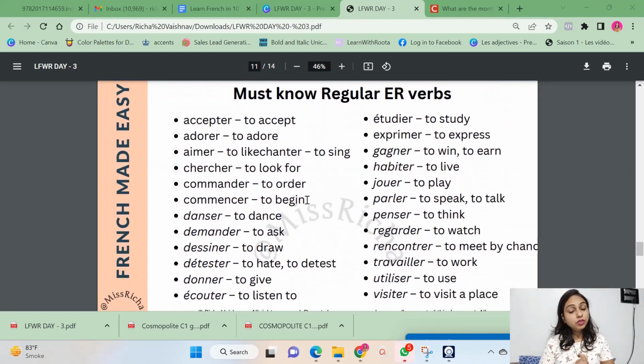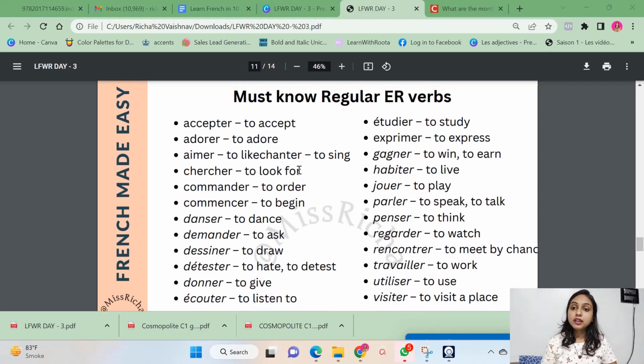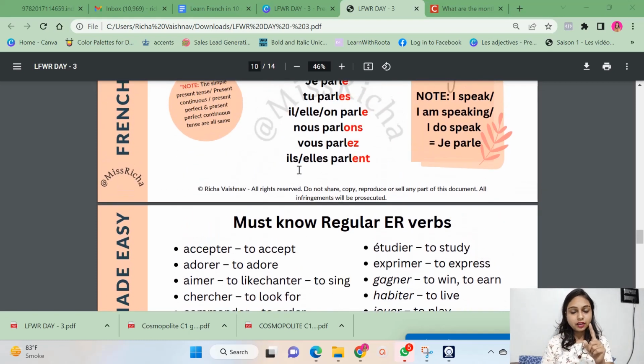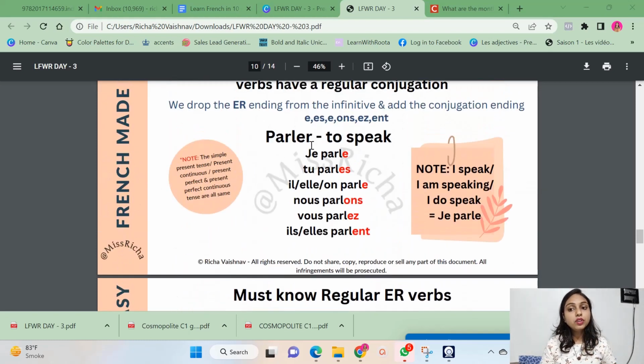Now the regular er verbs that you must know. These are all regular verbs. They will follow the standard format that I just taught you for parler. What you have to do is remove the er of the verb and simply add the endings. So parl becomes my base.